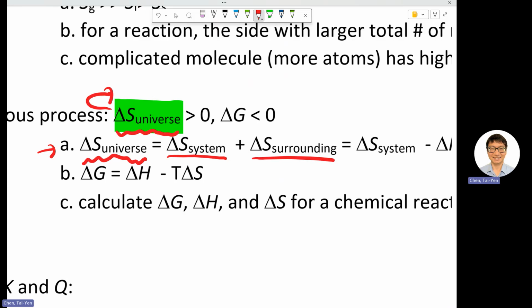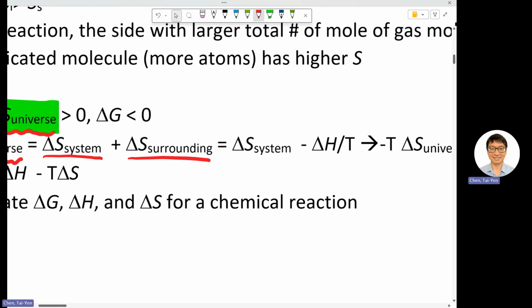Okay, so if you let heat transfer from your system to your surrounding, you can rewrite these things. Okay, so you keep your system the same. Let's say you have a reaction that's exothermic. Okay, so you can get the delta H. Once I produce the delta H, it's going to go to your surrounding, right?